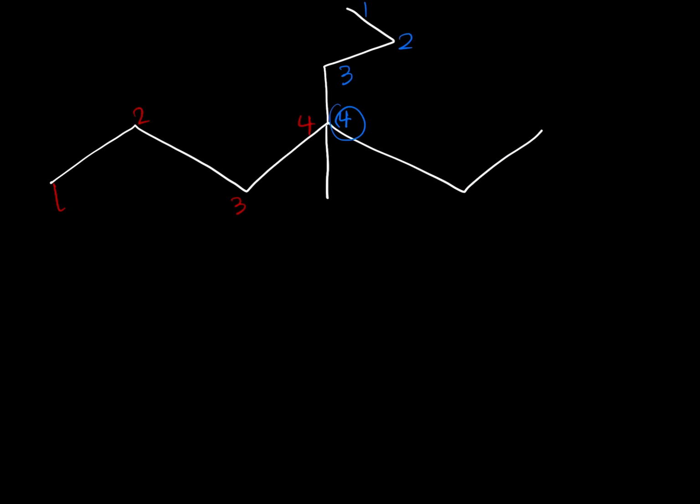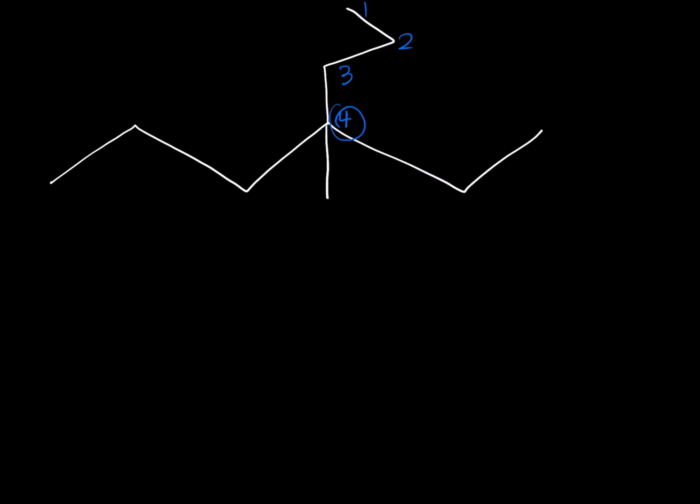Well, in this case, all of our substituents are on carbon 4, so it actually wouldn't make a difference. But there are cases where it does make a difference, and we will go over some examples like that. But if your molecule is symmetric, then it won't matter. So you can count either way.